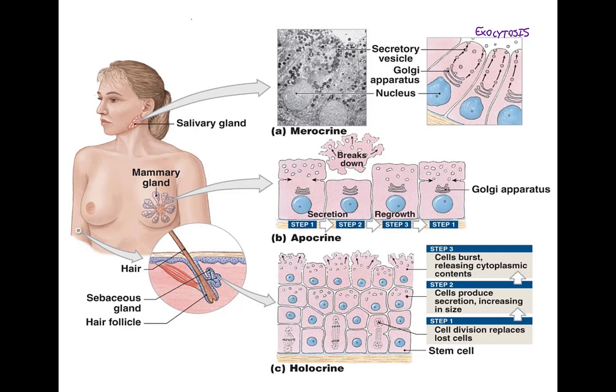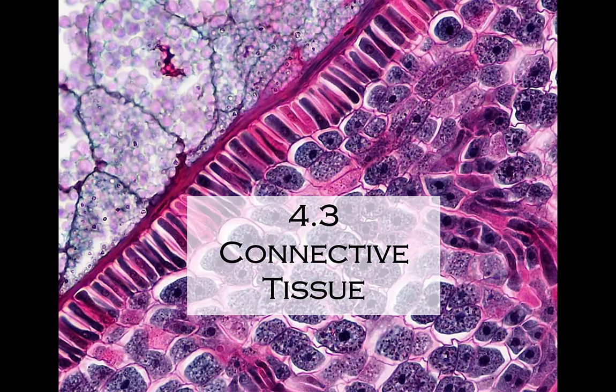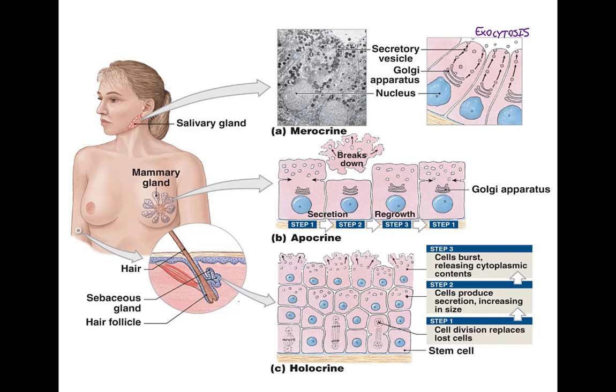The next thing we're going to do is compare merocrine secretion to our second type of secretion, which is called apocrine secretion. It's in our second example down here. Okay. Now in apocrine secretion, the materials being secreted, the products, are gathered in the top portion of the cell called the apical portion of the cell. That apical portion of the cell is then separated from the rest of the cell and released.